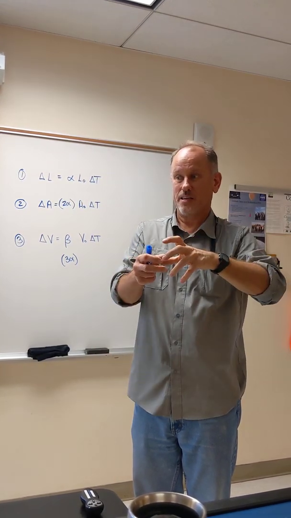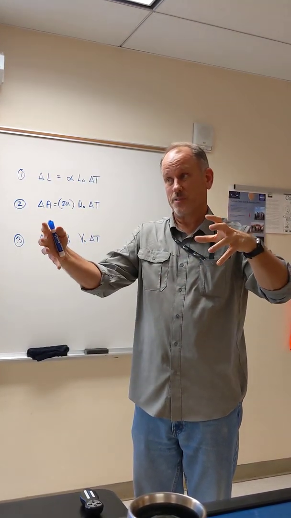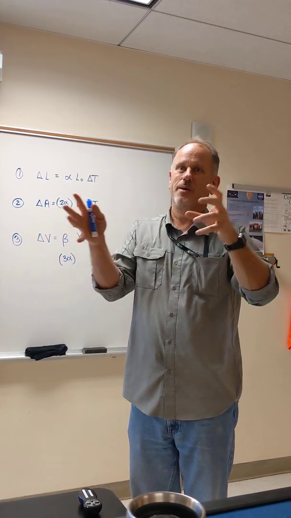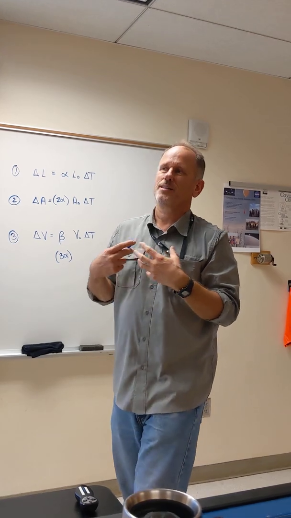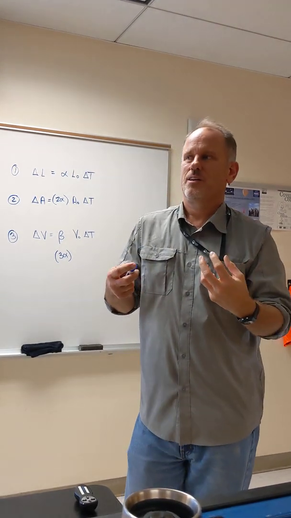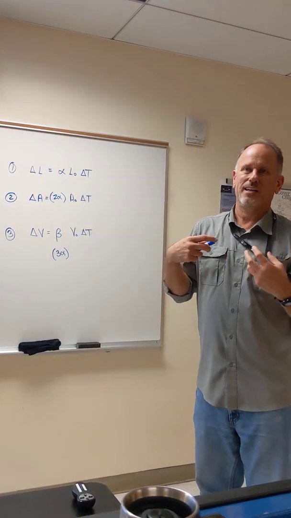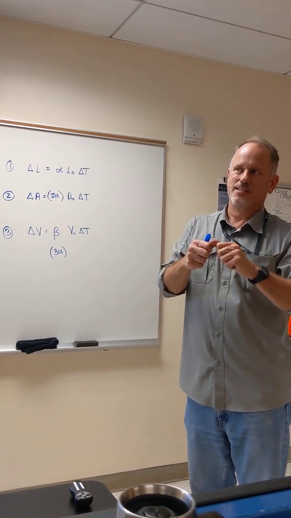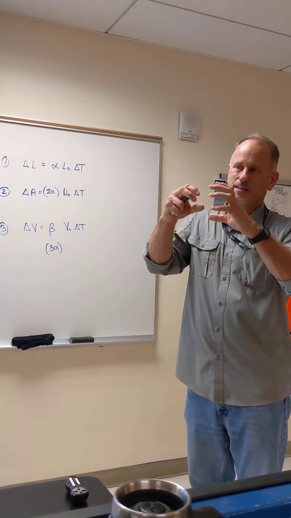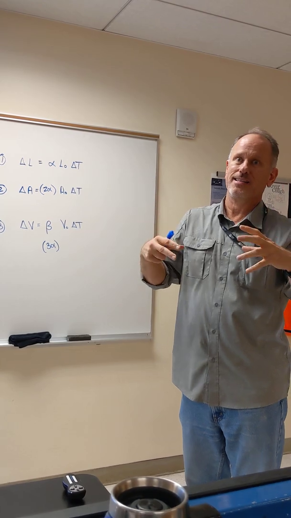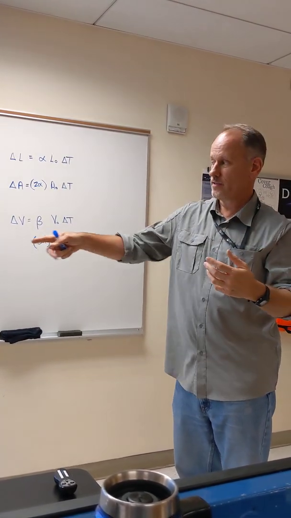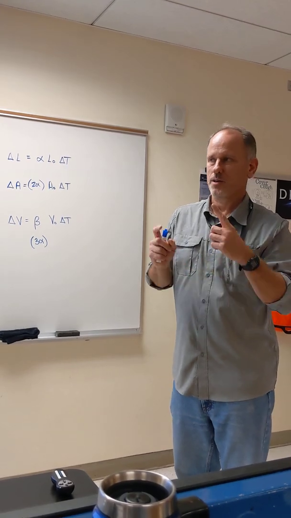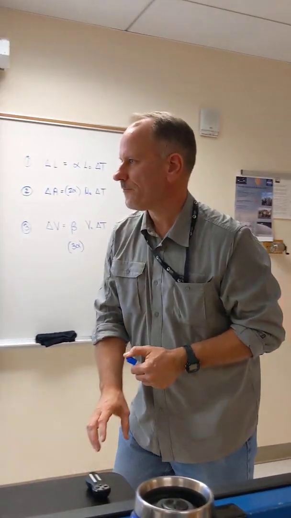Thus allowing the fluid inside it to expand, but it still doesn't expand enough, and then I have to have that overflow. So whenever you think about something that's a shell or something with a hole in it, realize that when it's heated up, the voids will expand as if they were solids, or as if they were a full area, such as this one. Okay, so carry that along with you.